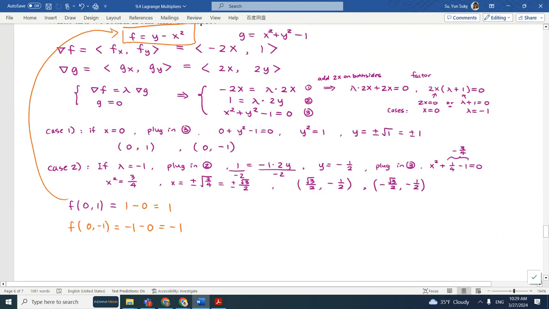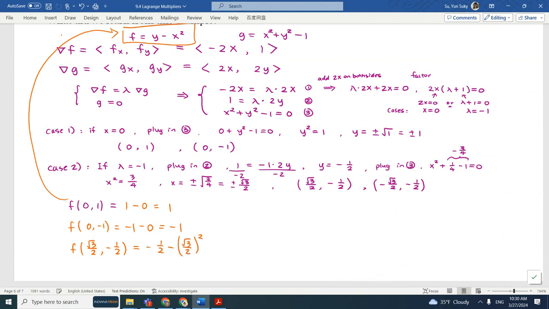And the next point is what? Square root of 3 over 2 and -1/2. We plug it in. The y is -1/2. The x is root 3 over 2, but squared. So what is squared? 3 over 4.